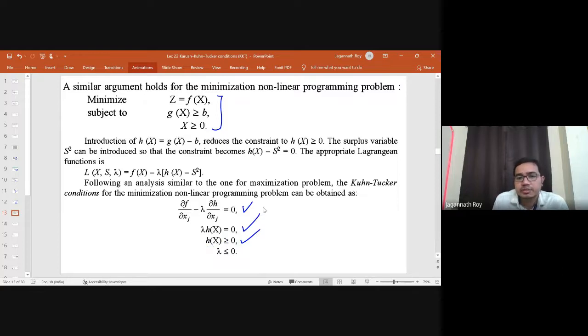The only change will happen, I mean, there are two changes. Sorry, hx is greater than or equal to 0 and lambda is less than or equal to 0. So these Lagrange multipliers will be negative for a minimization problem.